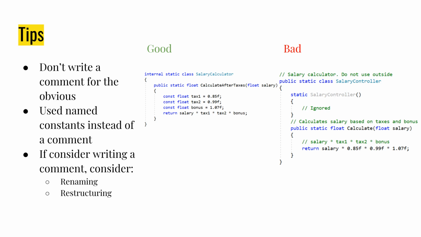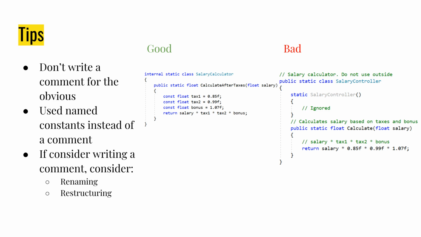If you consider writing a comment, rename and restructure. That's what you should do. So in this case, we have a salary controller. Controller is a bad name. Calculator is a much better name, especially since the comment says that.